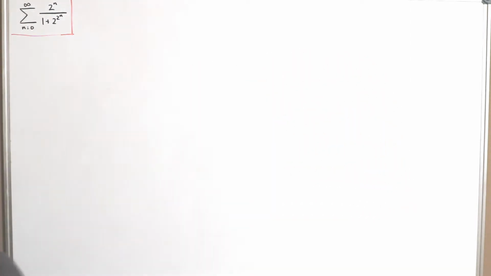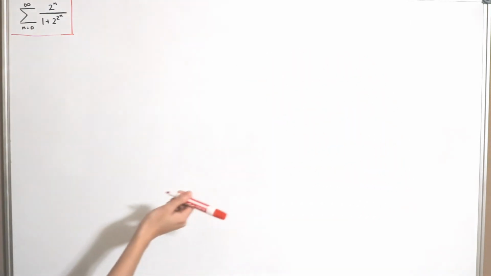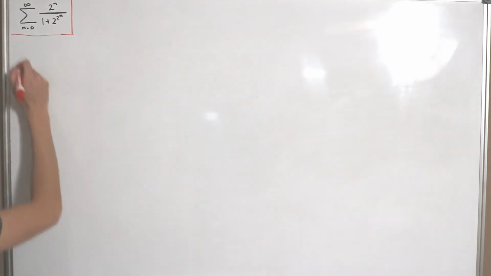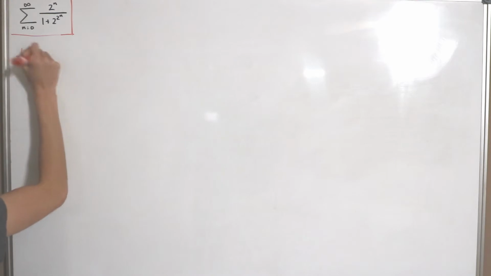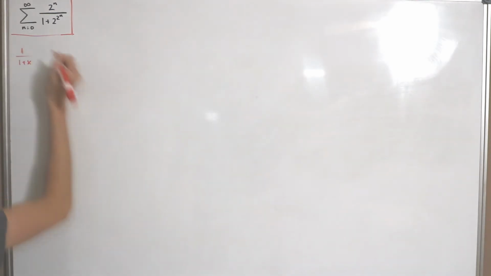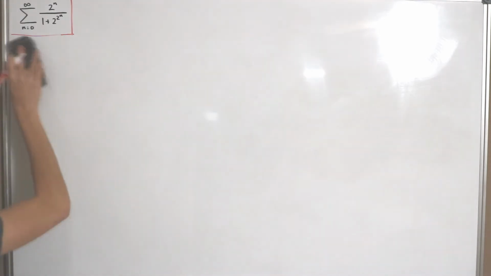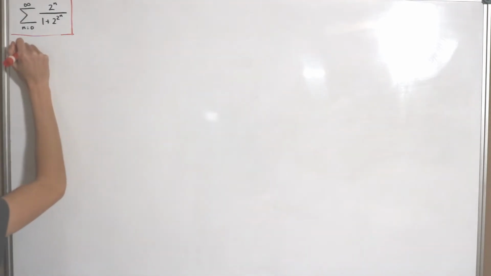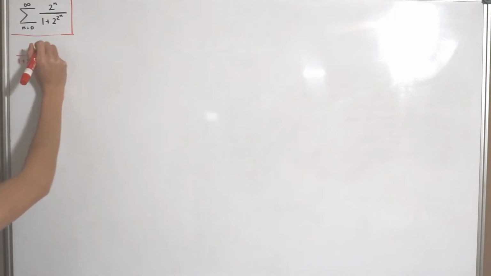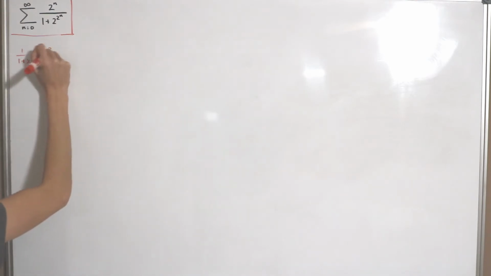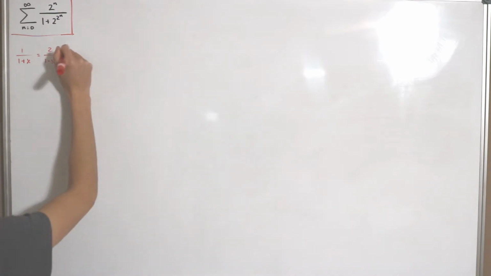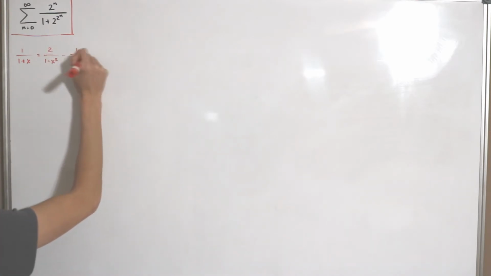To start this off, I would like to observe that the function 1 divided by 1 plus x is actually equal to 2 divided by 1 minus x squared, minus 1 divided by 1 minus x.